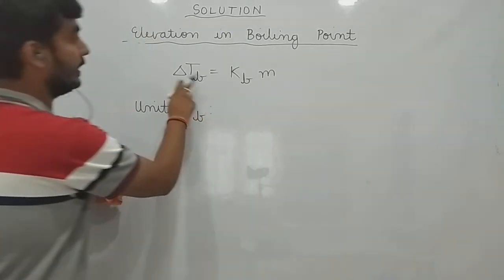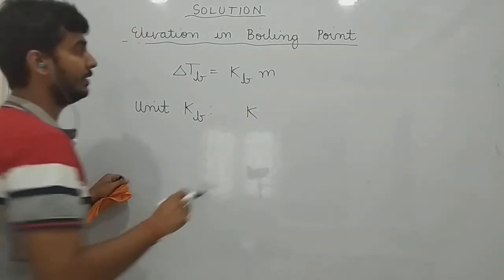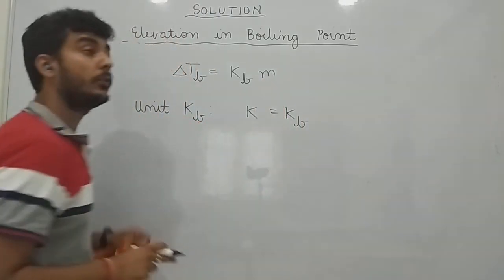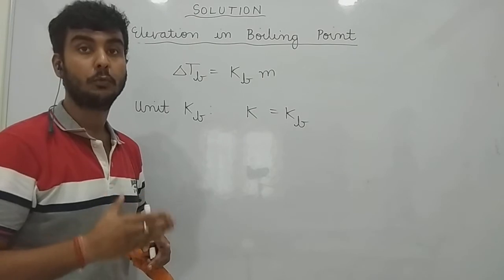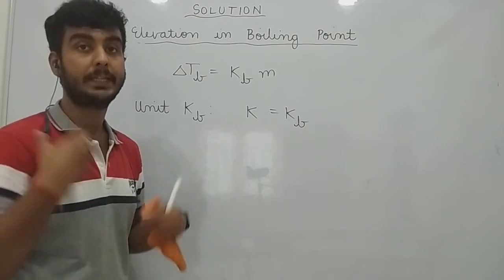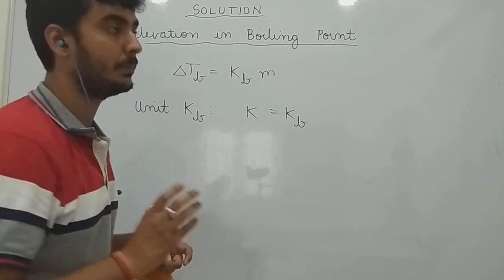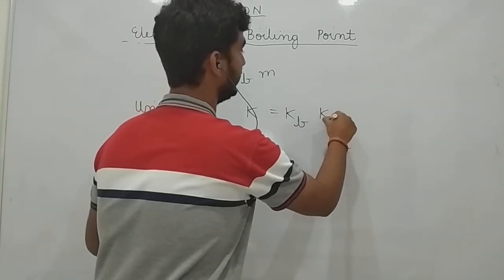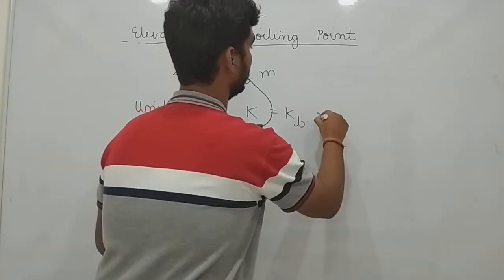The SI unit of ΔTb will be Kelvin only, since a difference in temperature is in Kelvin, is equal to, we don't know the unit of Kb. What is the unit of molality? Molality is the number of moles of solute present per kg of solvent. So the unit of molality is moles per kg.